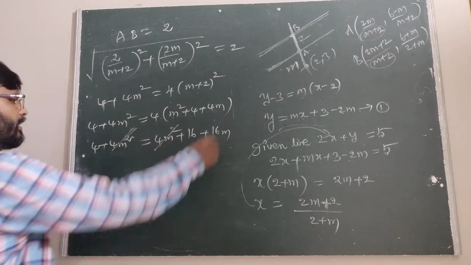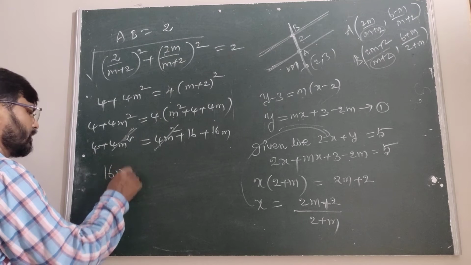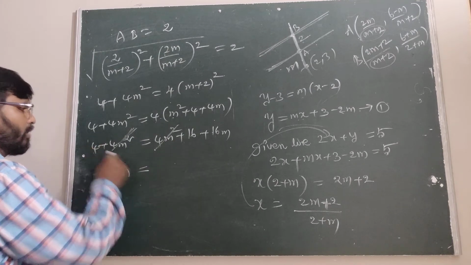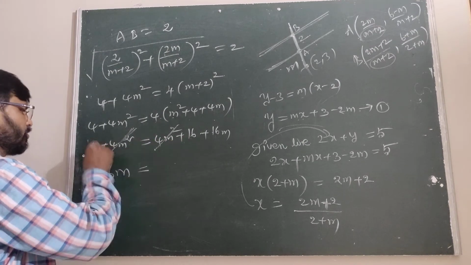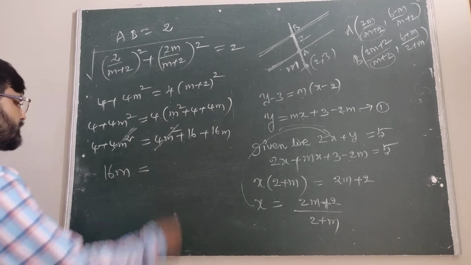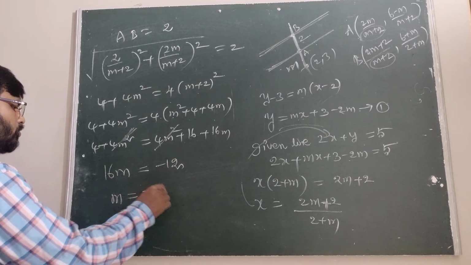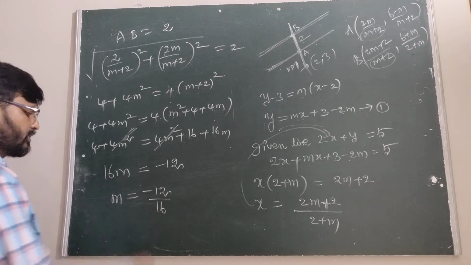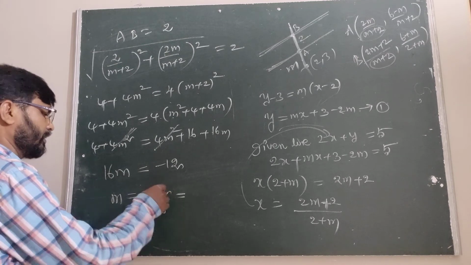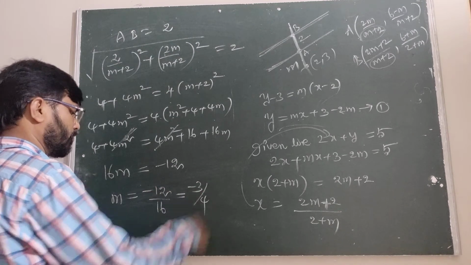Now we can take 16m equal to 4 minus 16. This will be sent to the other side, and 4 minus 16 is minus 12. Therefore m equals minus 12 by 16. We have to know that here 4 3 ja, 4 4 ja.